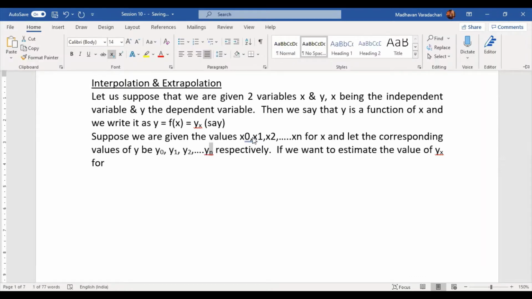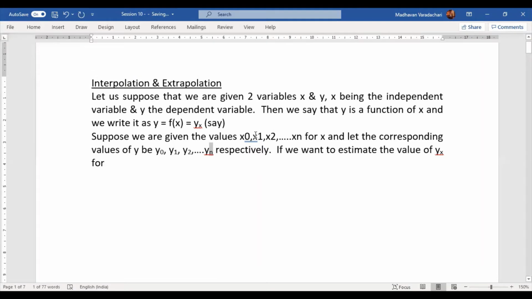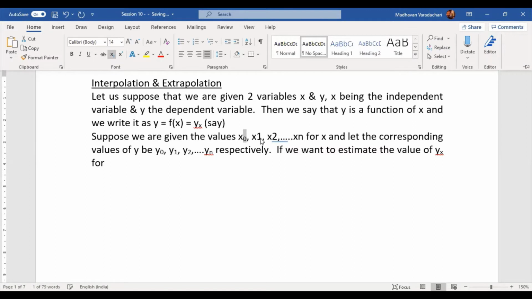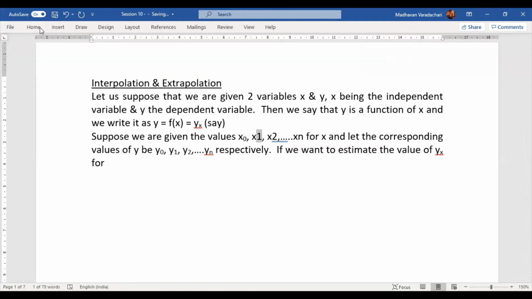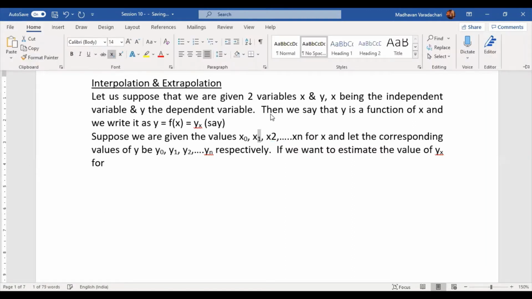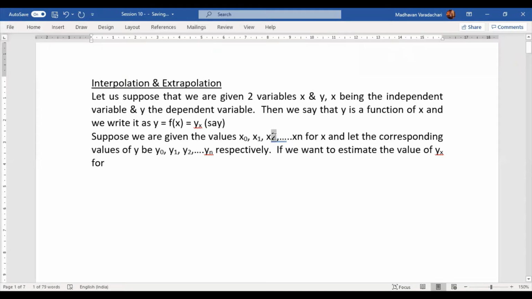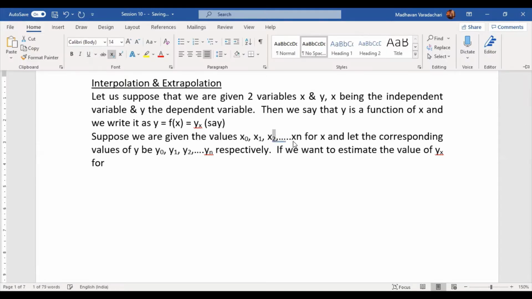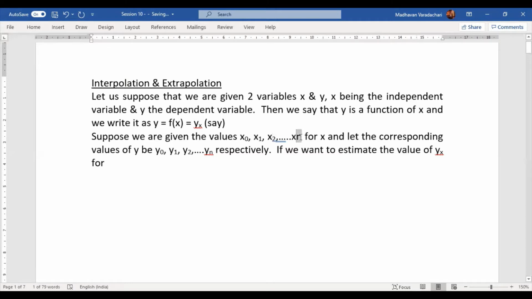Same way, this is x naught, x1, x2. This is our xn.